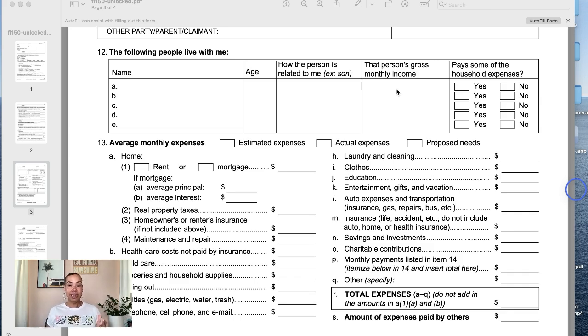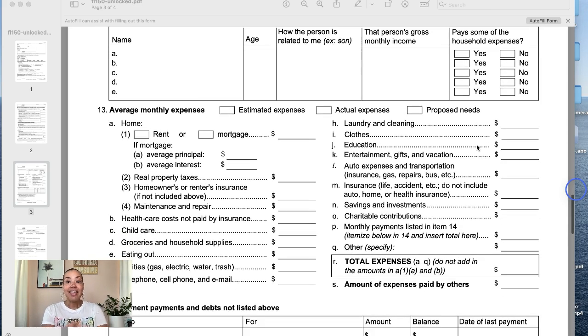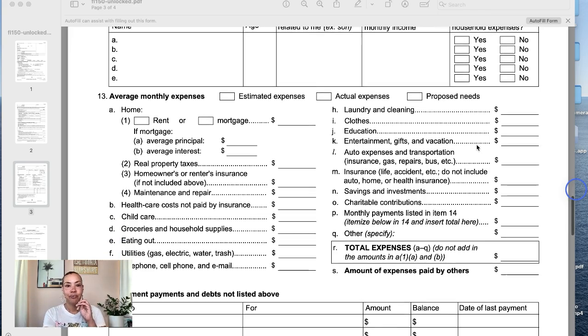So maybe it is your 6-month-old baby, and their income, unless they're on commercials, it is LA, so hey, your baby might be making bank. But if they're not, then you're just going to put 0. And then, do they pay some of the household expenses? Yes or no? They're not asking you what they pay, just do they pay it? Yes or no? And then we get to number 13.